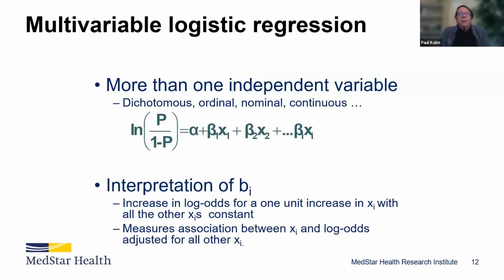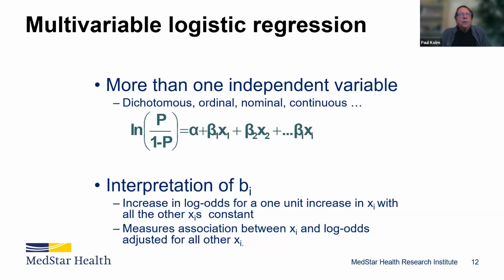We can then do, obviously, multivariable logistic regression, just like we could do multivariable linear regression. And of course, what this means is that we have more than one independent variable. And the independent variables can be any type, dichotomous, ordinal, etc. And so it's the same sort of thing. We're modeling the log of the odds with the regression equation.